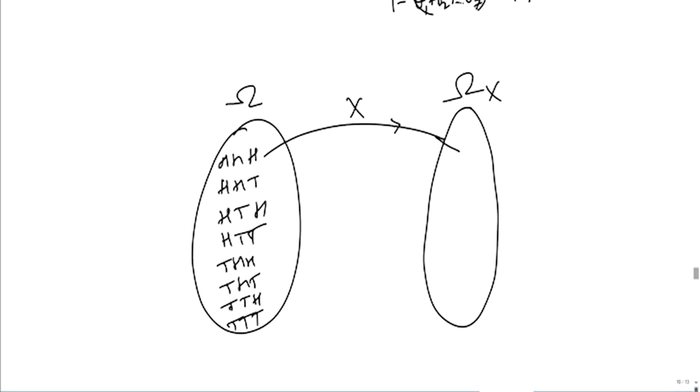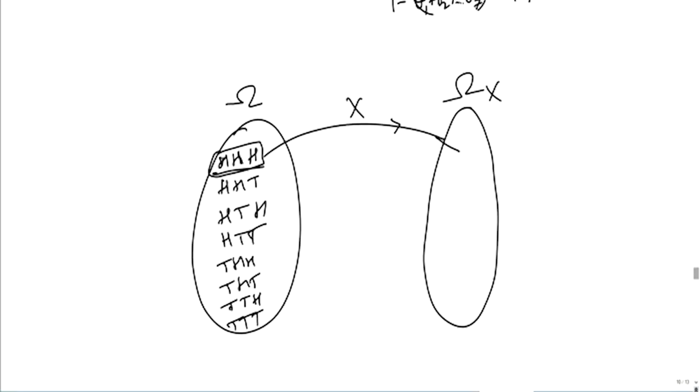The function would have to be of this nature: let us say the function counts the number of heads in whatever possible outcome you have here. It takes each possible outcome as an input, and it counts the number of heads in that outcome to give you an output.